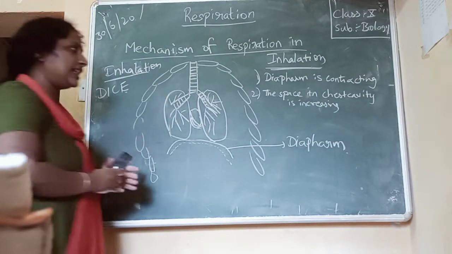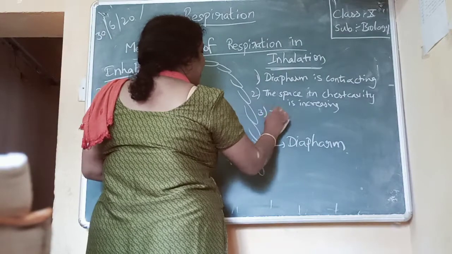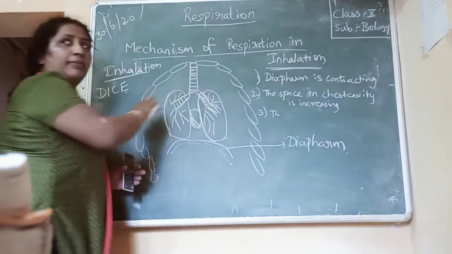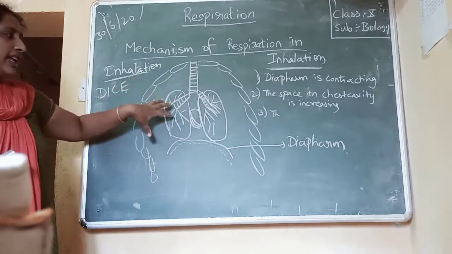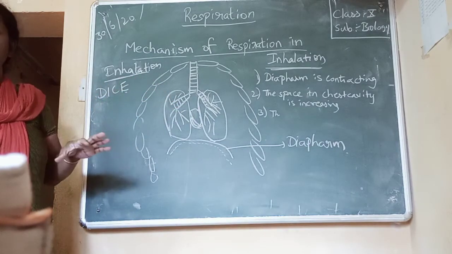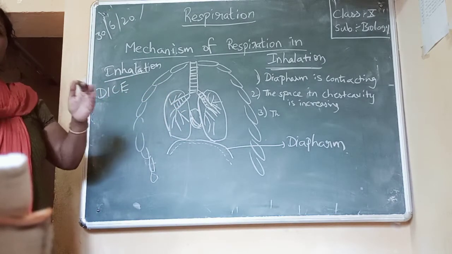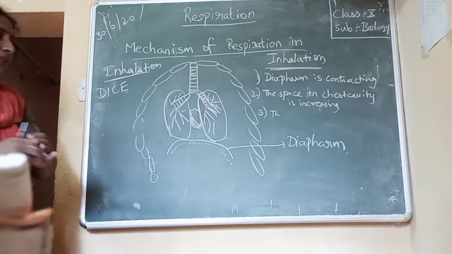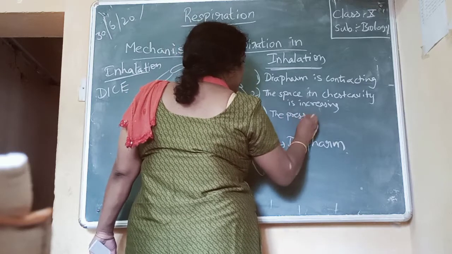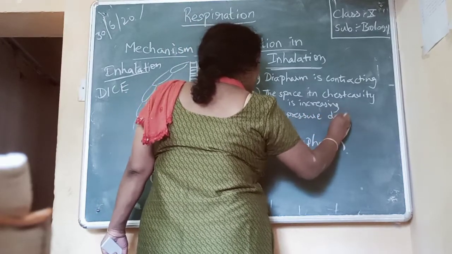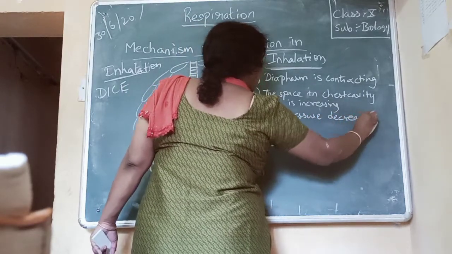The space increased means what happens to the pressure? Lungs have air in them, so they have some pressure. When the space is increased, the pressure decreases in the lungs.